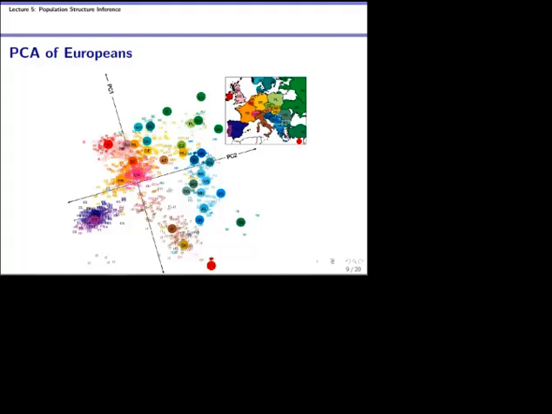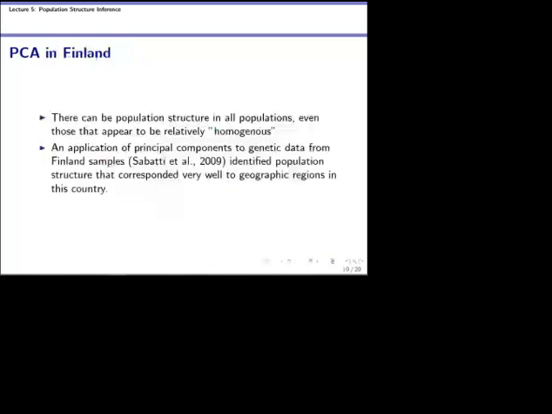So within Europe, you see a lot of variation. The question is, what would you expect to see within a single country of Europe? There was a paper published a few years ago where they did principal component analysis in a Finland sample, which we would expect to be quite homogeneous, right?